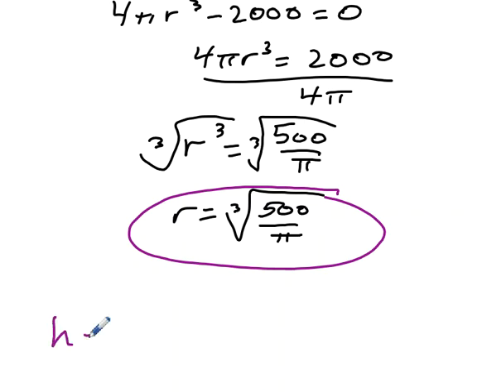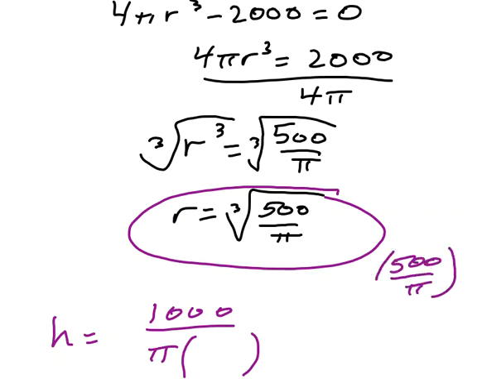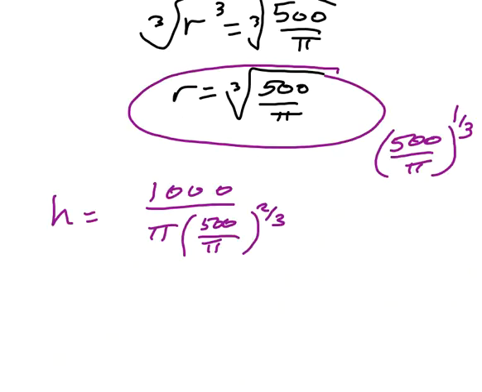Well, I know h is 1,000 over pi r squared. Now I'm going to rewrite r for a minute as 500 over pi to the 1/3. And when I square that, that'll be 500 over pi to the 2/3. Well, that just looks delightful.